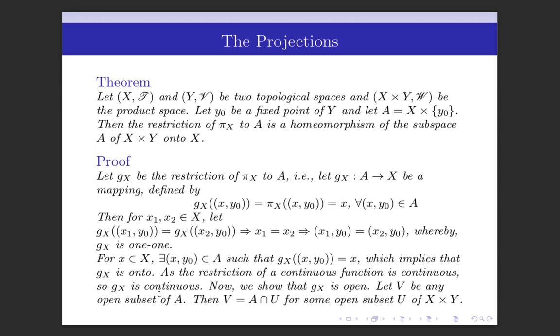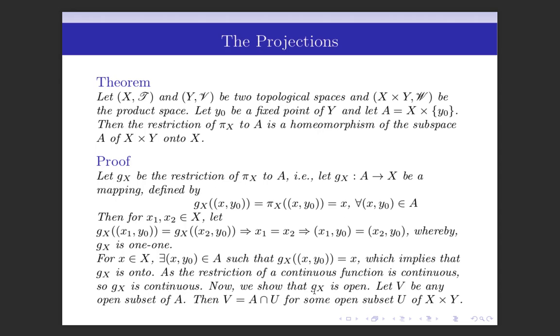We know that restriction of a continuous mapping is a continuous mapping, and we have proved earlier that π_X, the projection, is a continuous mapping, and so its restriction is continuous, and we can say that g_X is continuous.